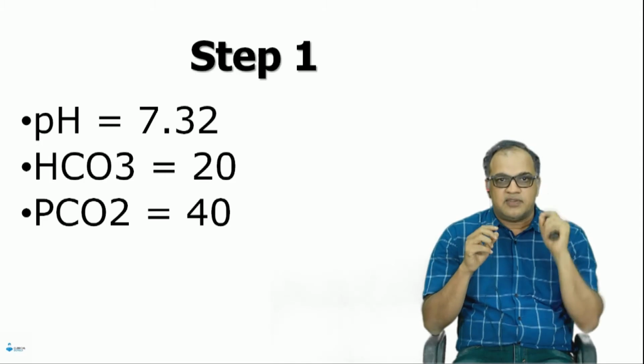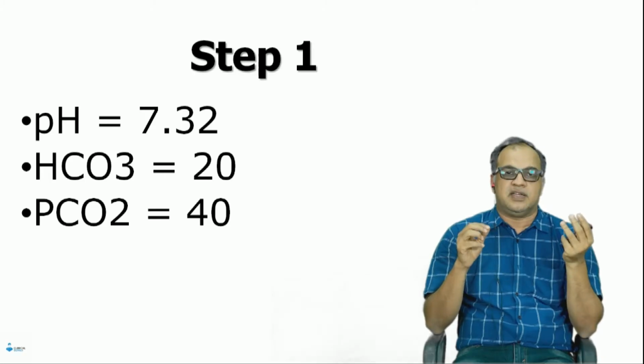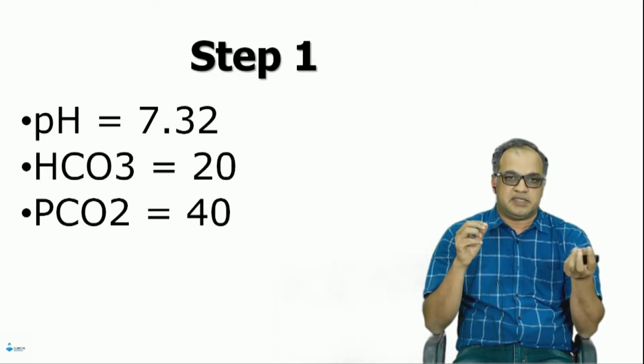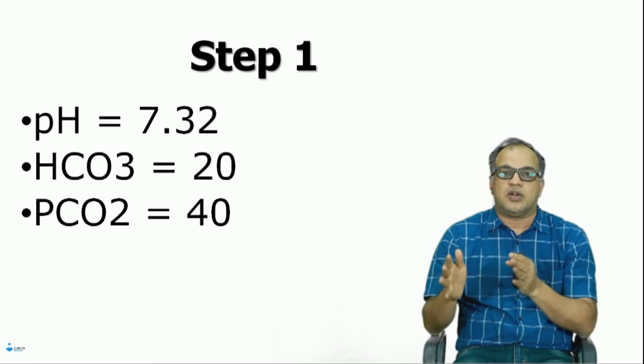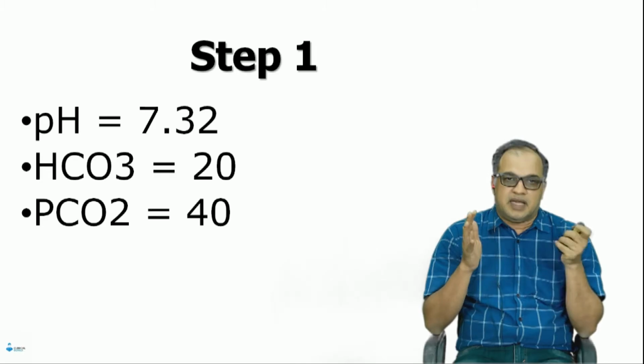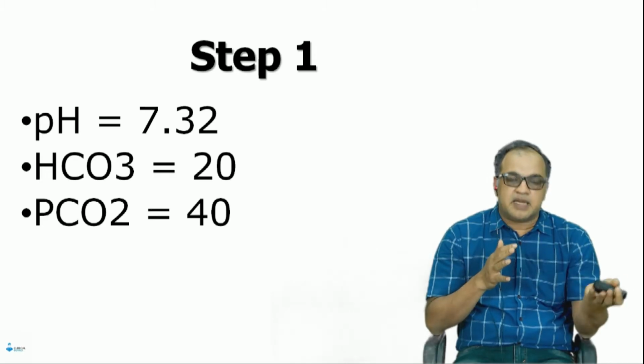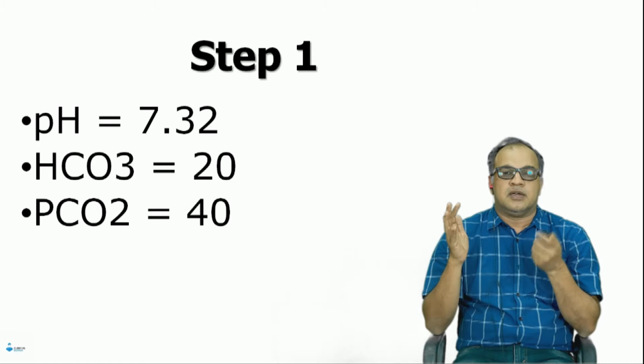So whenever we see an ABG, we'll see these three values, pH, bicarbonate, and PCO2, and first we'll judge if the values are in the normal range or not. Is the pH acidemic or alkalemic?